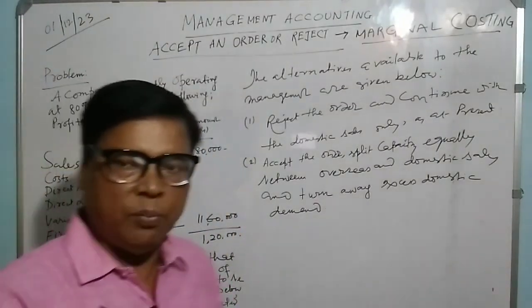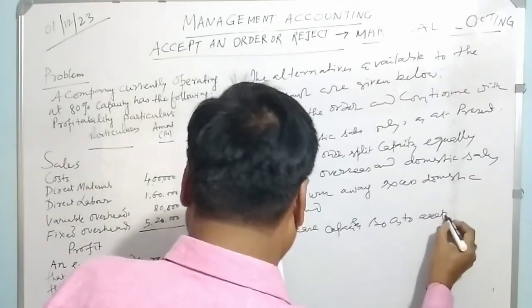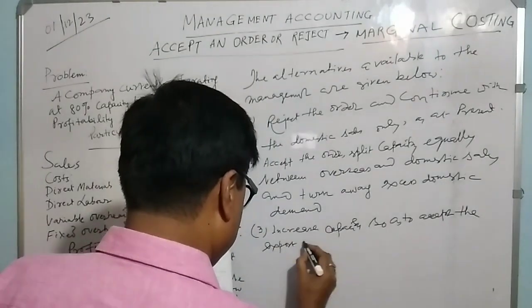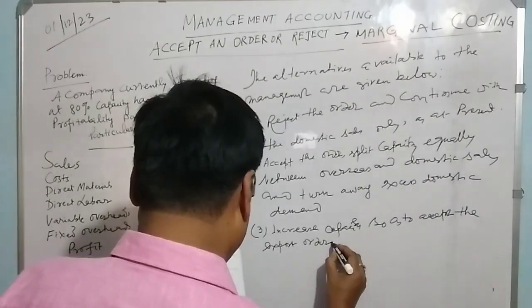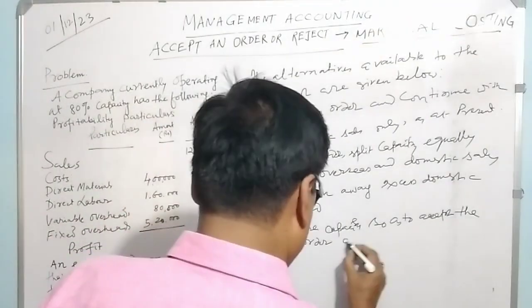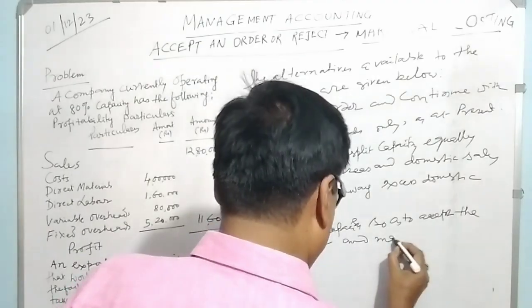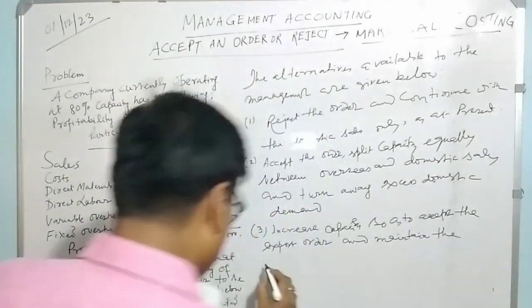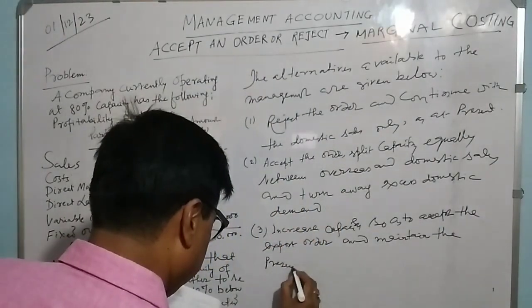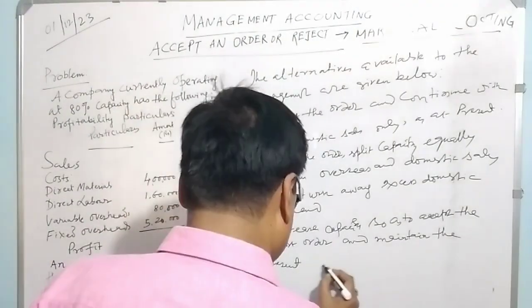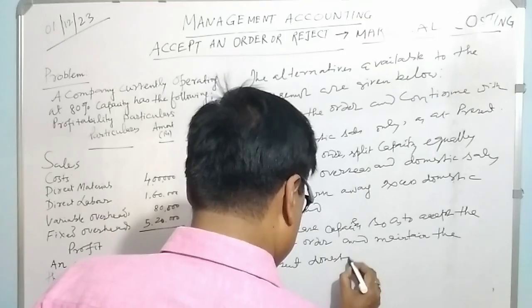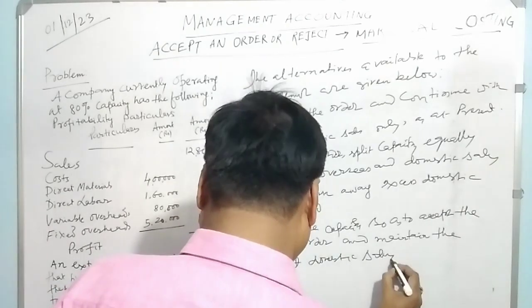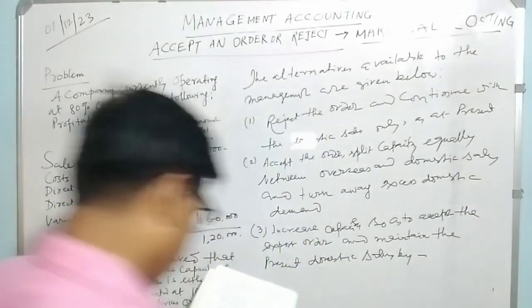See, if you take both markets, accept the export order and maintain the present domestic sales, by what?